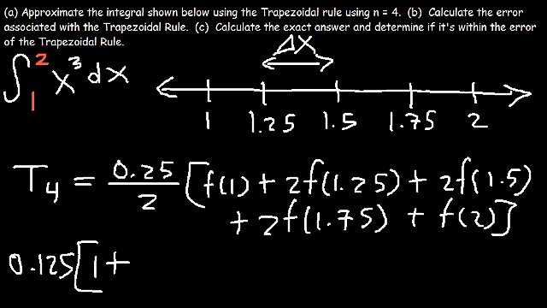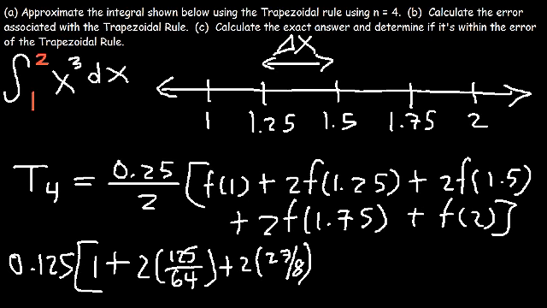And 1.25 to the third power is 125 divided by 64. 1.5 to the third power is 27 over 8. 1.75 to the third power is 343 divided by 64.